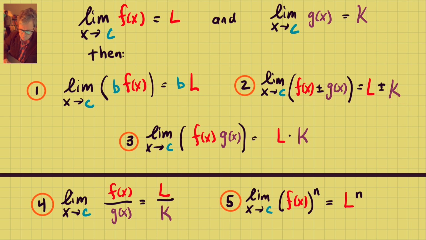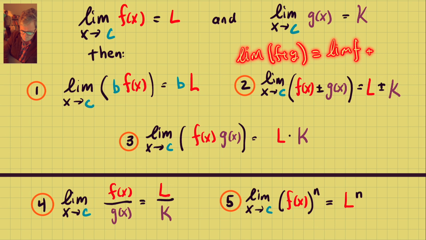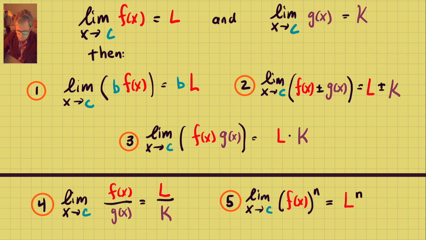Another item that's not explicit, but you should recognize, is that the limit of f plus g is equal to the limit of f plus the limit of g. So I can pull the sum apart. I can take the limits separately and add them. If f and g both have limits, then I can pull these things apart.